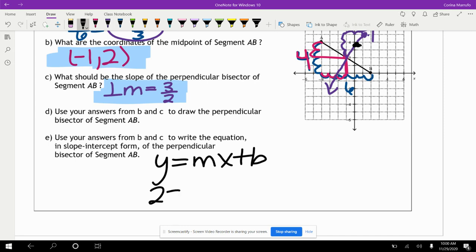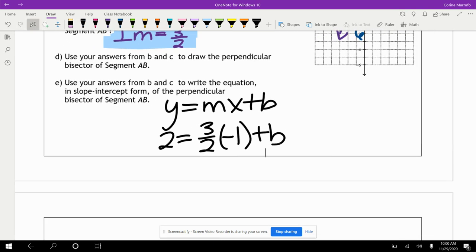So y is equal to 2. Our slope is 3 over 2. Our x value is negative 1, and then plus b. Now, negative 1 times 3 over 2 is just going to give us negative 3 over 2 plus b.